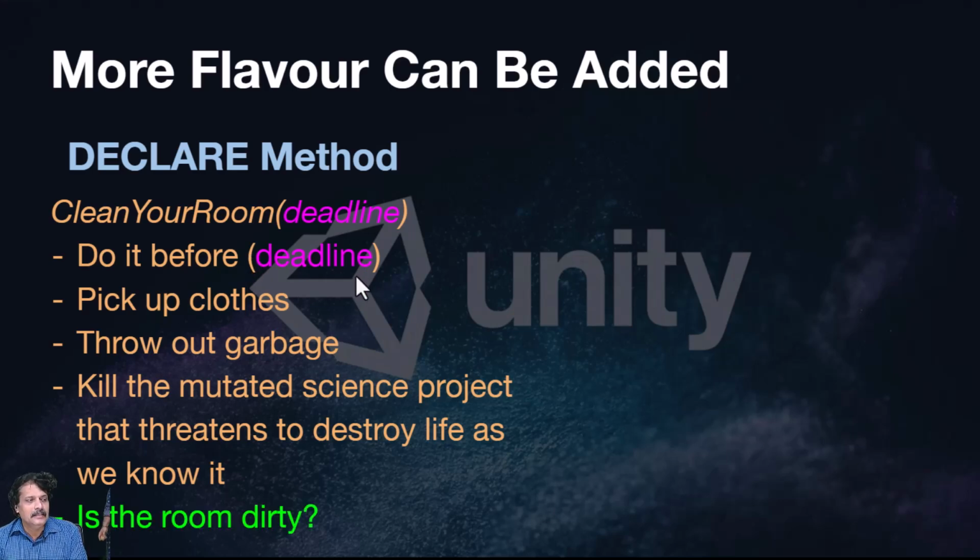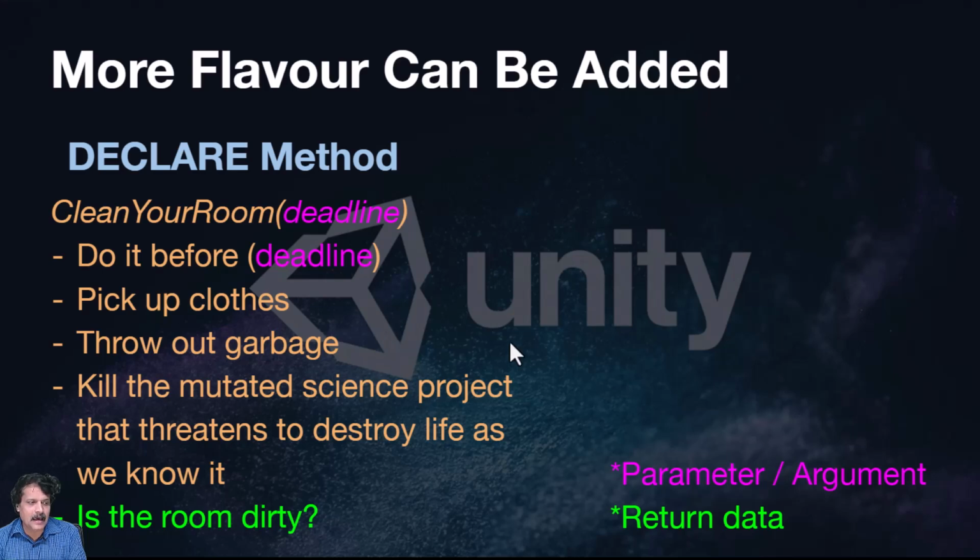Then we also add a condition wherein we ask whether the room is dirty. If the room is dirty, yes or no, it has to return a boolean value. So we declare this clean your room as a boolean method. Now I think you are getting a fair idea about what a parameter is and what a return is.